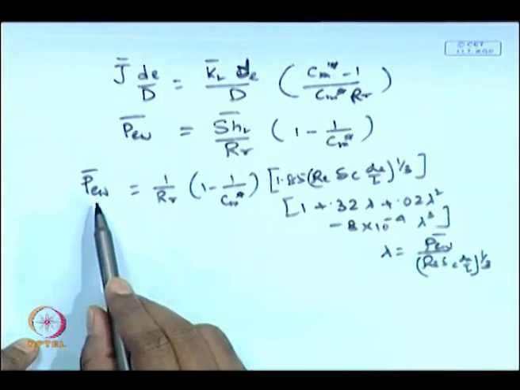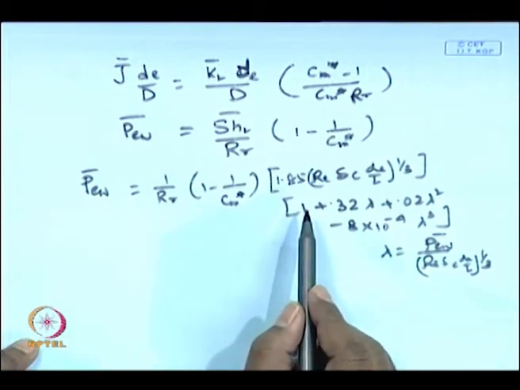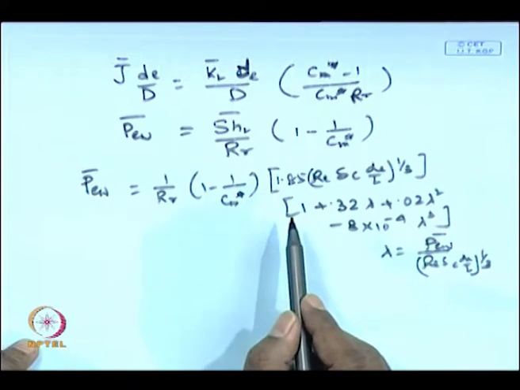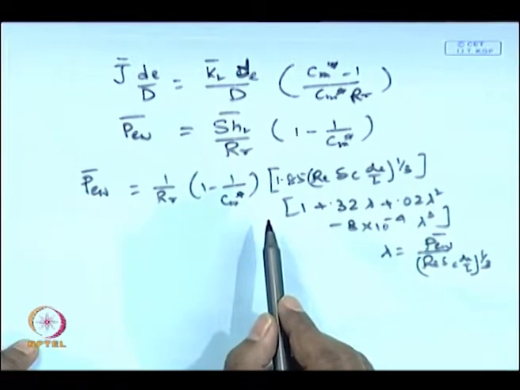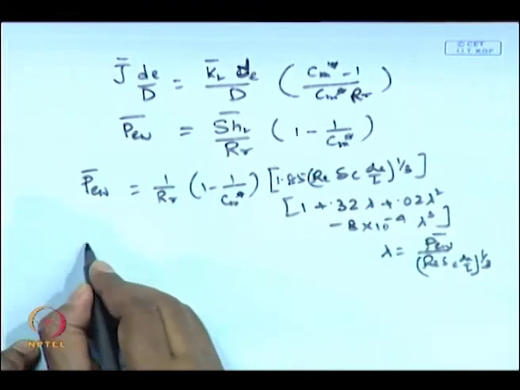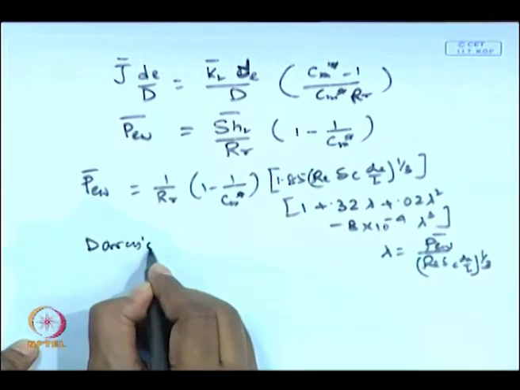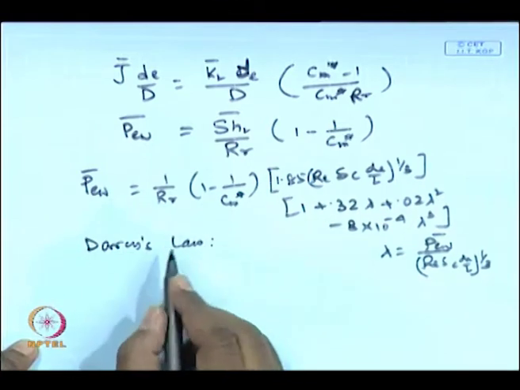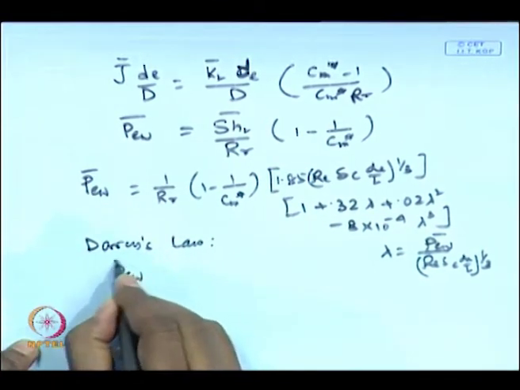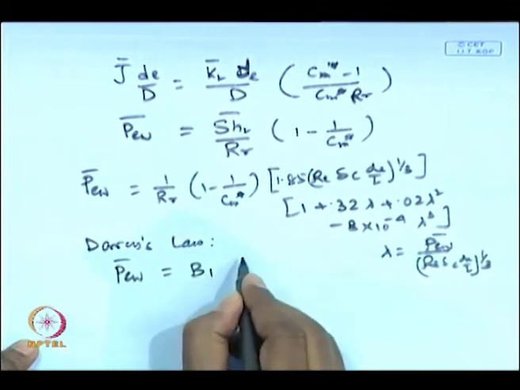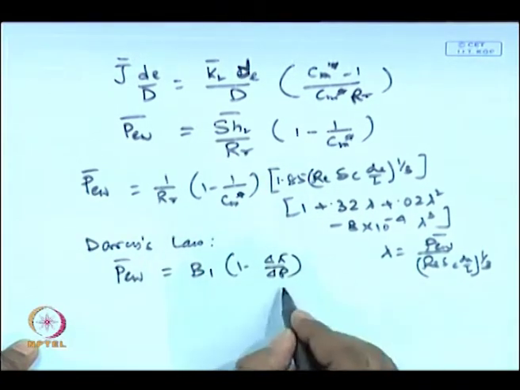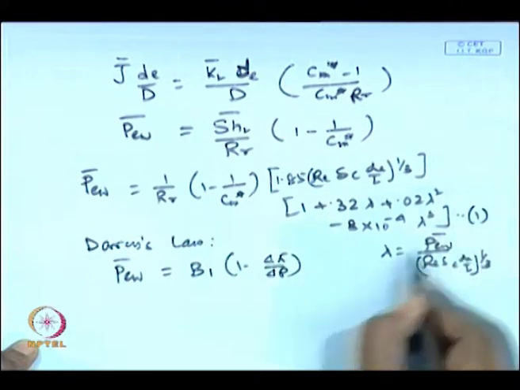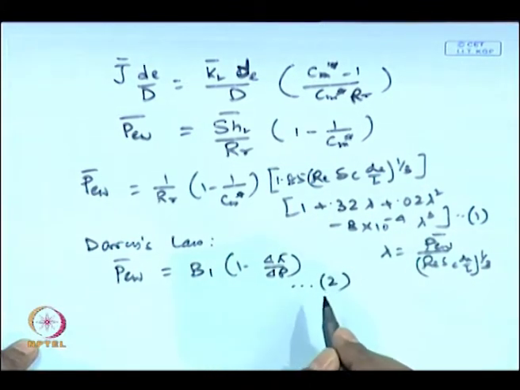So this will give you an algebraic relationship between Cm star and PW, where there are two unknowns, PW and Cm star, and you have Darcy's law that is valid throughout the whole module. That means PW is equal to B1 times 1 minus delta pi by delta P. This is equation number 1, this is equation number 2.